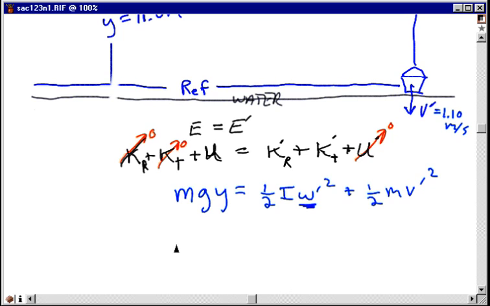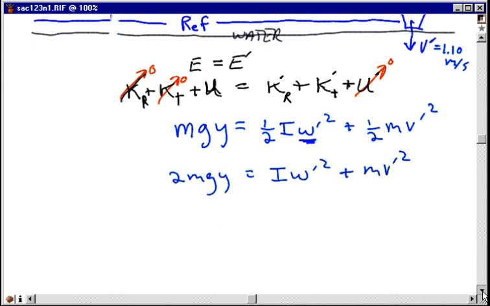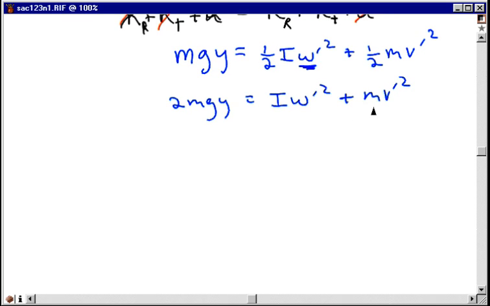So let's start getting that all by itself. I'll multiply both sides by 2, to get rid of the fractions. 2mgy equals I omega prime squared plus mv prime squared. Then I'll subtract the mv prime squared from both sides and swap sides. So I have I omega prime squared, which was on the right, now on the left, and on the other side, after the subtraction, 2mgy minus mv prime squared.